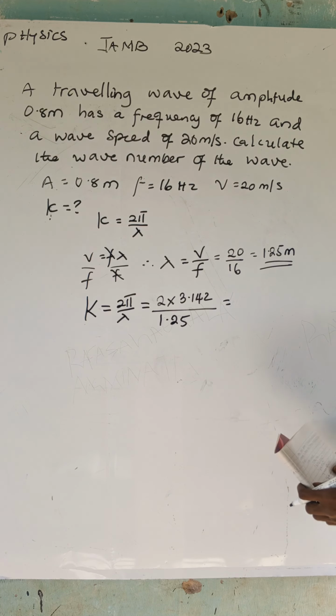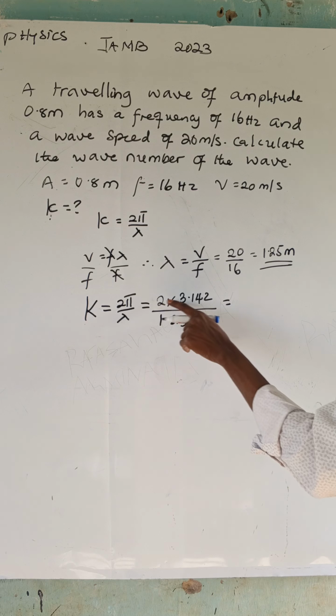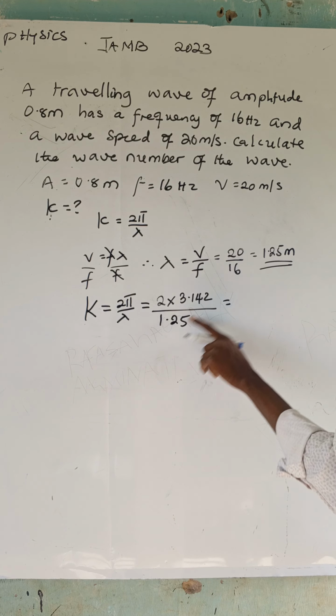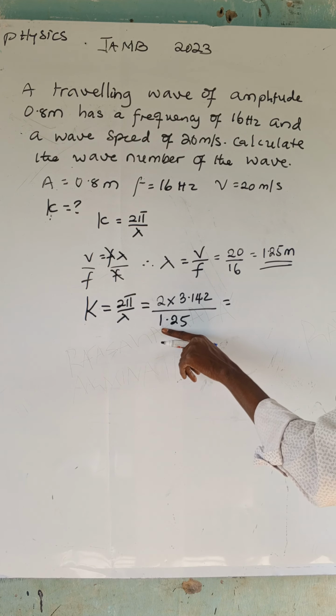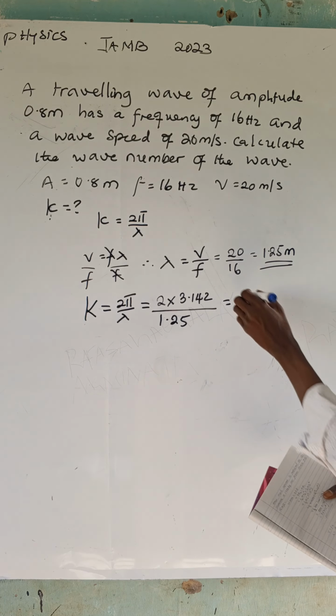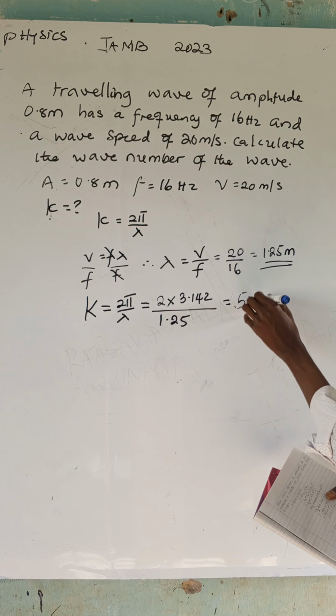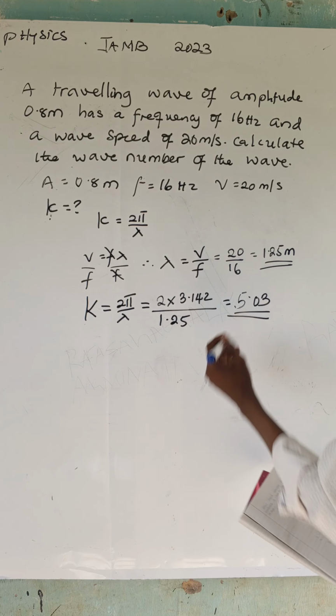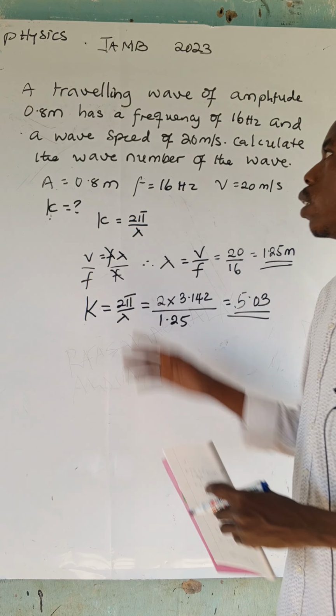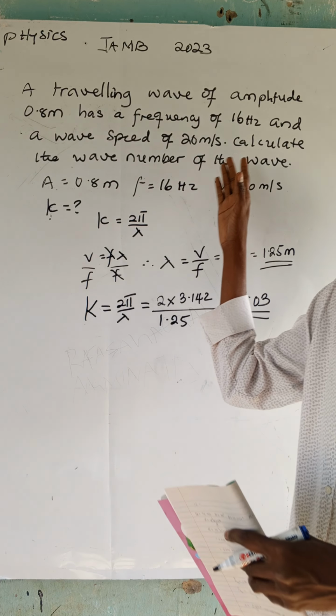So now if you press your calculator, 2 multiplied by 3.142 divided by 1.25, you will get 5.03. So this is how to calculate the wave number of the wave.